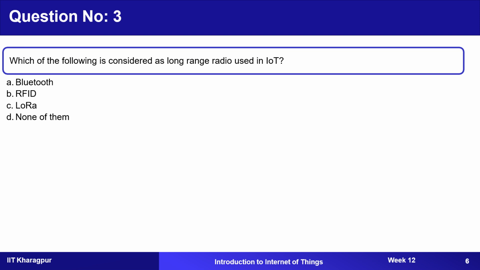Which one? C ma'am, LoRa. LoRa. Okay. Anyone else? Yeah. So LoRa is the correct option.